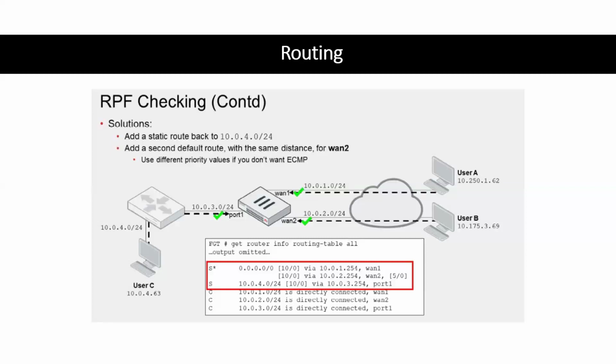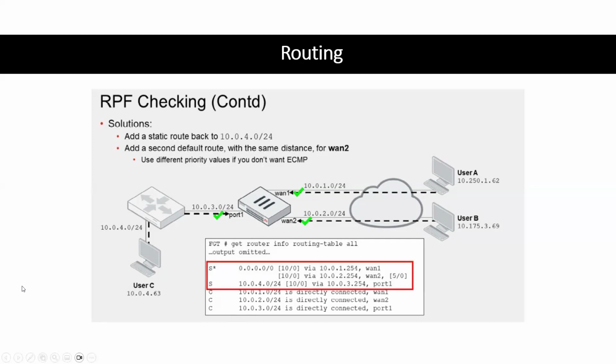To follow sessions, it needs to know where it came from and where it's going. The most critical part is where it's coming from. If I have a route for where it's coming from, I know where to send it back to track this session. Okay? Make sense? Yeah.